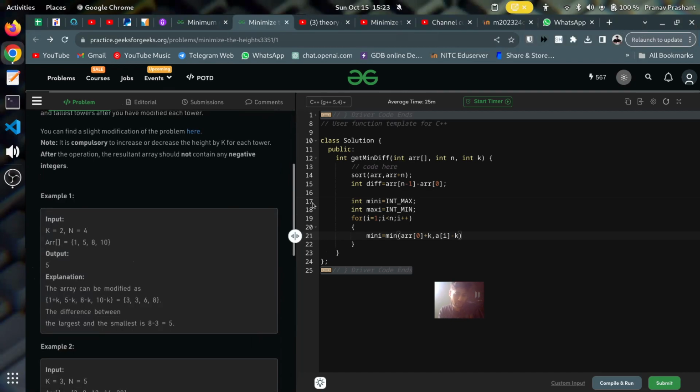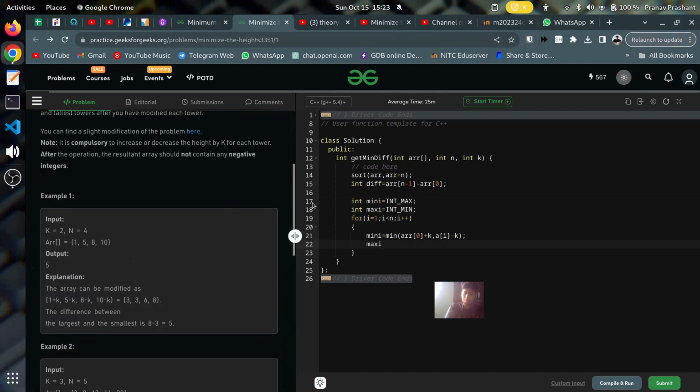Mini will be the minimum of either the smallest element, since we have sorted the array, when added with k, or the rest of the elements with k subtracted, because we are starting from 1 only, right? So except for 0, where we are adding, since this is already minimum, we need to support the other part of the array, so we are adding k to it and subtracting k from the rest of the elements.